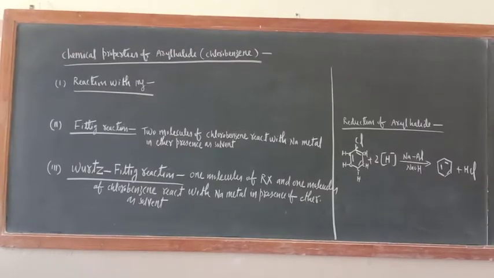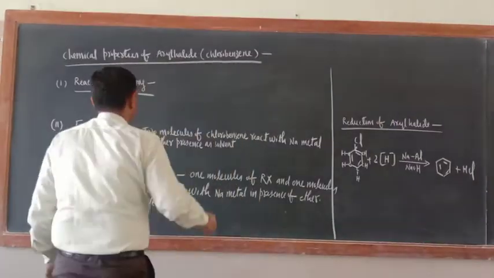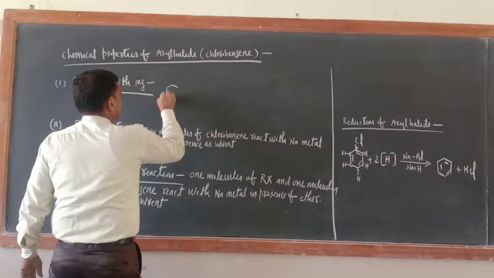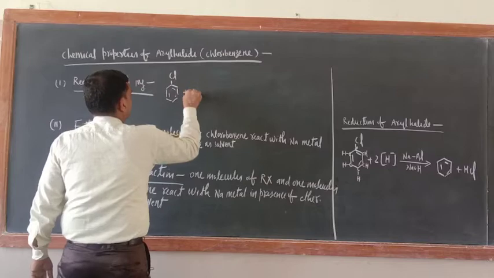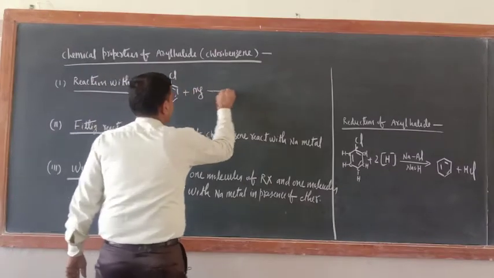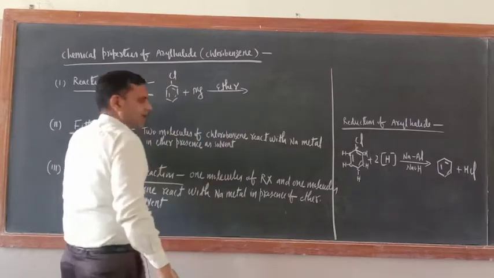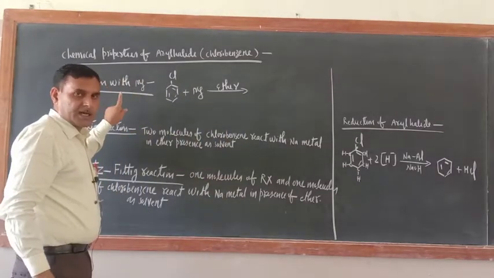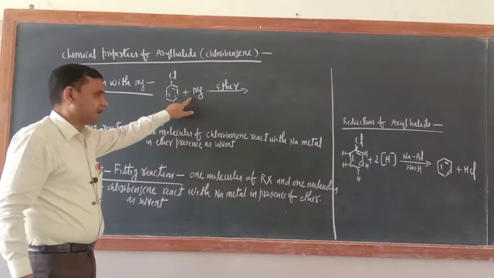Okay, so some chemical properties of aryl halide, chlorobenzene. The first one is reaction with magnesium. So take chlorobenzene, its reaction with Mg in presence of ether. Just see, in the earlier case of alkyl halide also, we made its reaction with magnesium metal.